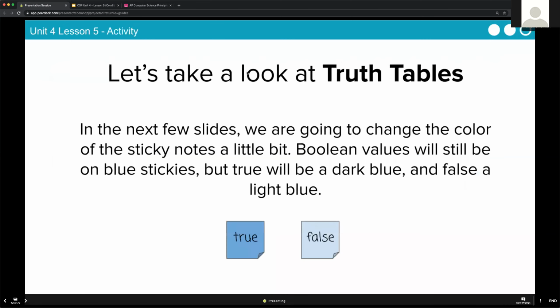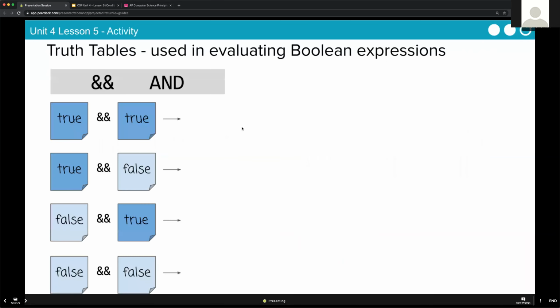So the first thing we're going to look at is the truth table for AND. When we look at these truth tables, you're going to notice that we're still going to use blue stickies for our Boolean values, but we're going to use a dark blue for true and a light blue for false, just to make it easier to differentiate. So let's look at AND.